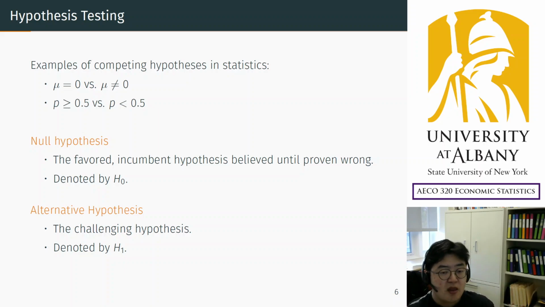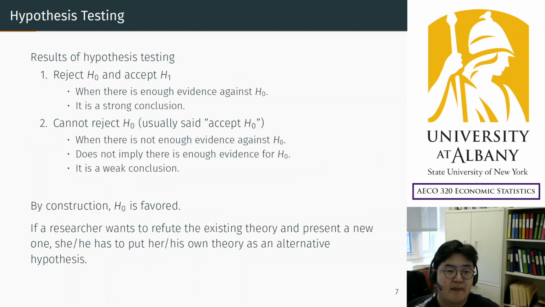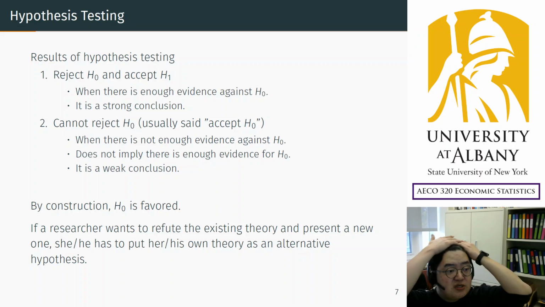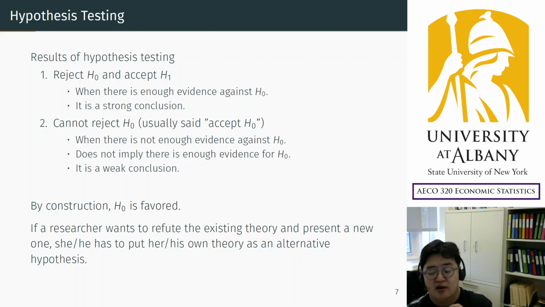Then you have to set up a null hypothesis and an alternative hypothesis to start a hypothesis testing, right? And then once you set up those hypotheses, the final result of a hypothesis testing should be either of them, yes or no. There are only two possible results.